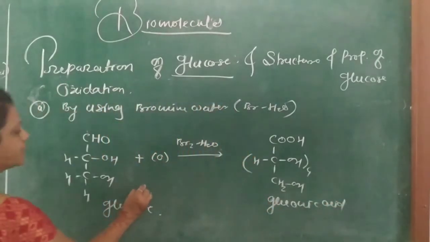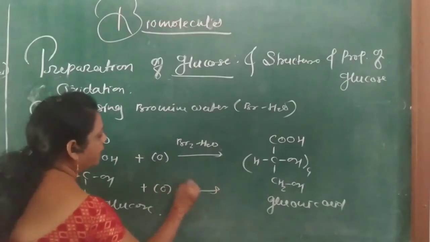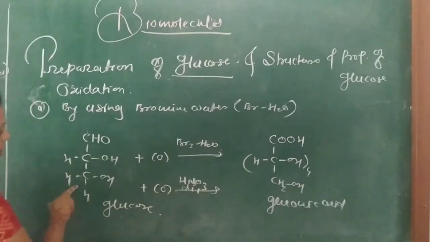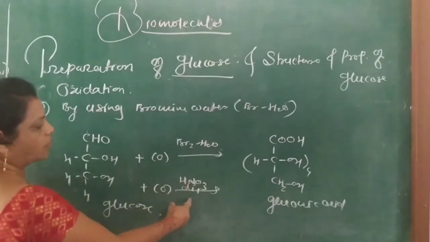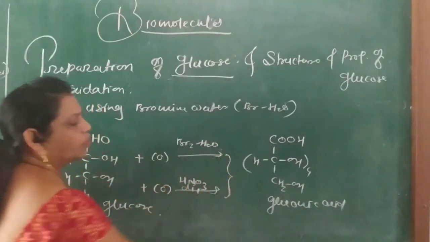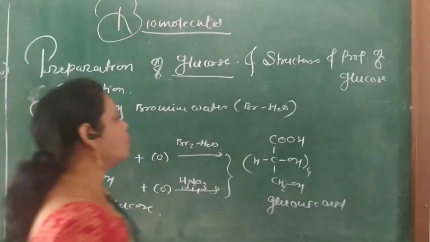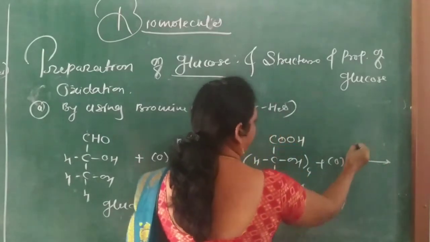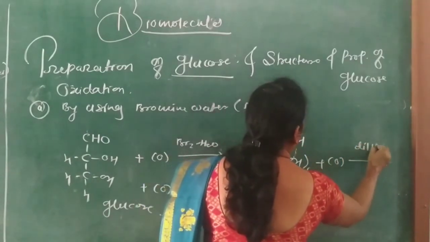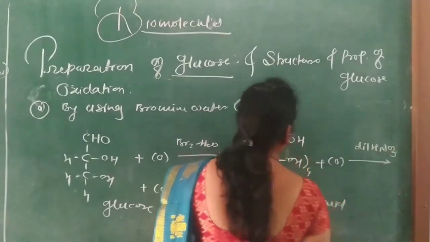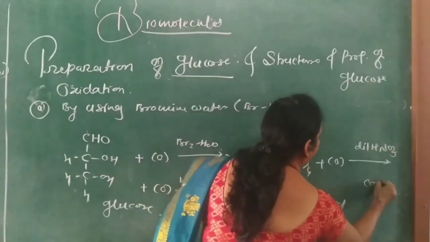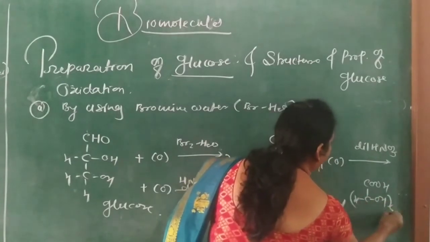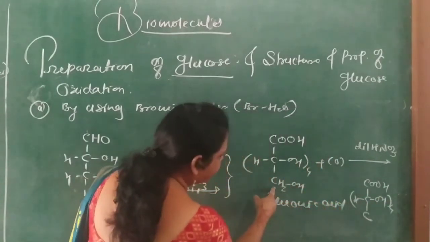Again by action of nitric acid, HNO3, glucose on oxidation gives gluconic acid. Again gluconic acid on oxidation in presence of dilute nitric acid, oxidizing agent, gives saccharic acid, here COOH, again CHOH by 4 and the last is CH2OH.